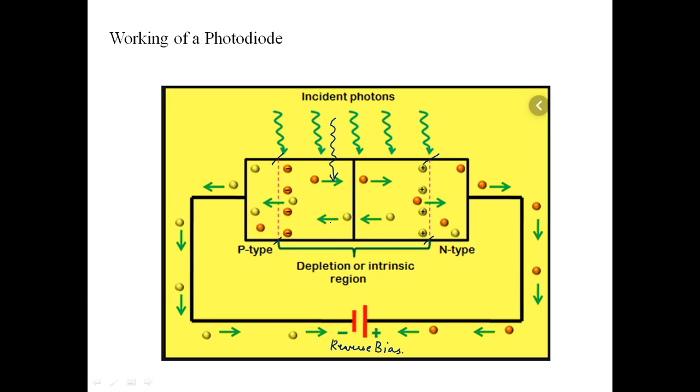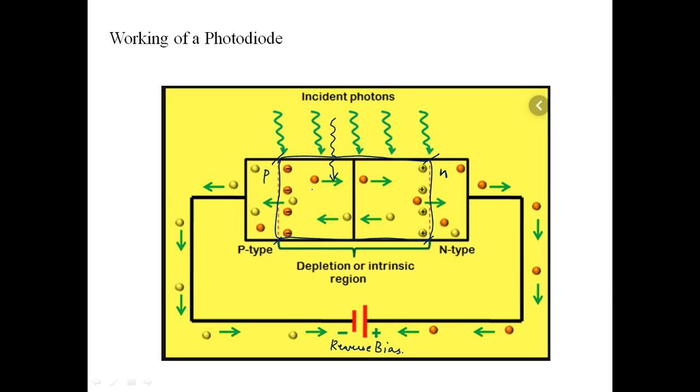Now because it is reverse biased, let us just focus. See, this region is of N type, and this is of P type. Now due to the applied external voltage, what will happen here? Within this region, there are electron and hole pairs getting generated.